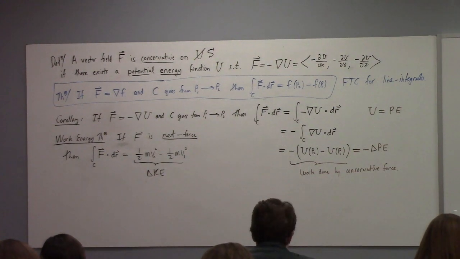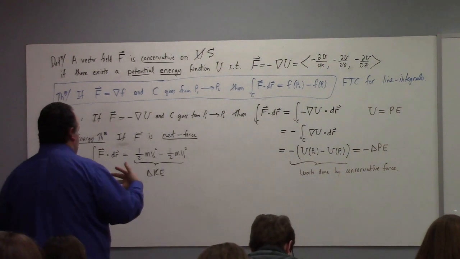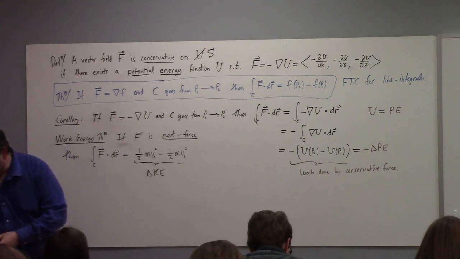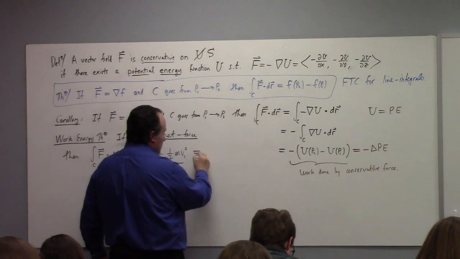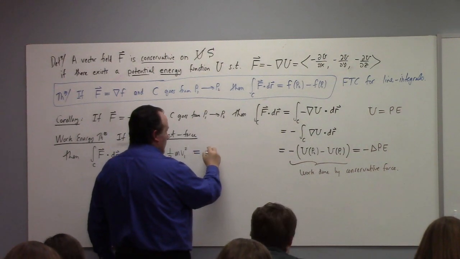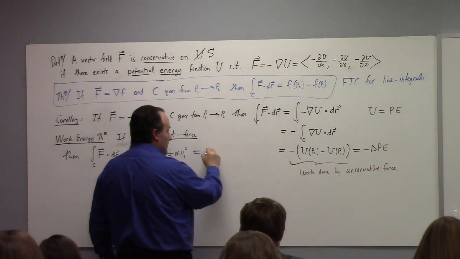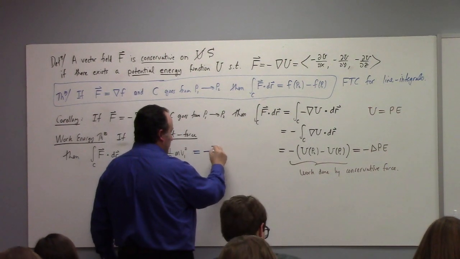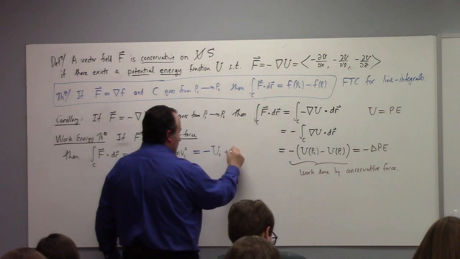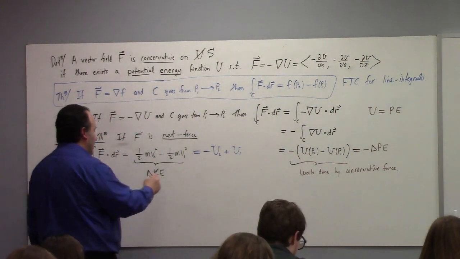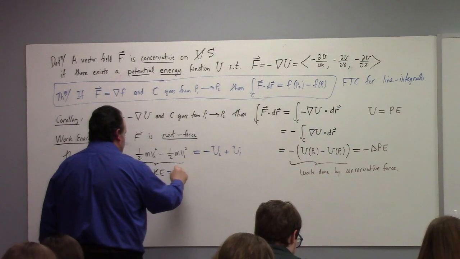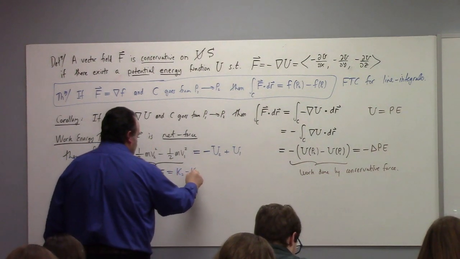So putting these two ideas together, if my net force is in fact a conservative force, then I can write that this is equal to minus U2 plus U1, right? Or of course, you could also call this change in kinetic energy K2 minus K1, just to write less.